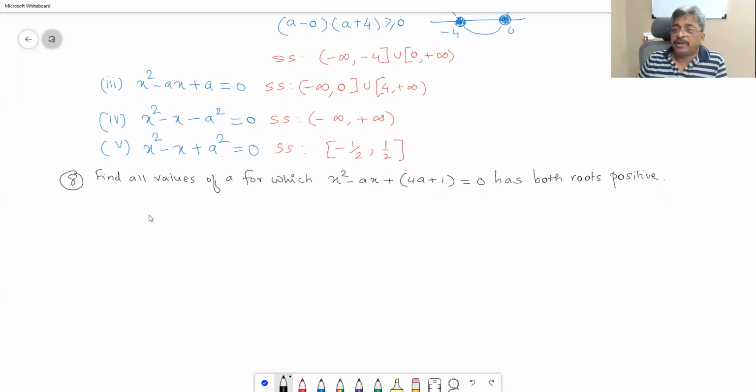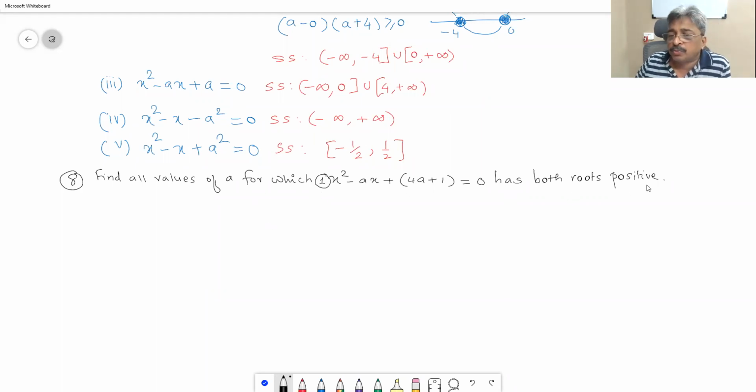I really do not know how to go about it, so we will go very systematically. The good part of this quadratic equation is that the leading coefficient is 1, so we are sure that the graph is opening up.